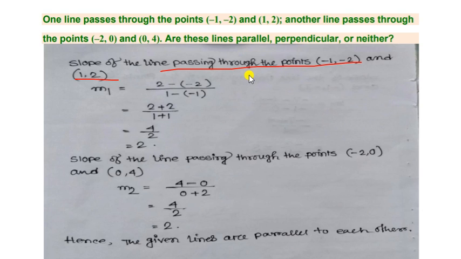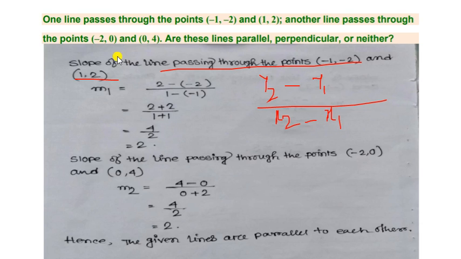We know the formula from the previous video: (y2 minus y1) by (x2 minus x1). With this formula we can find the value of gradient or slope.